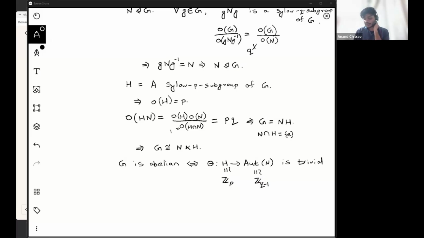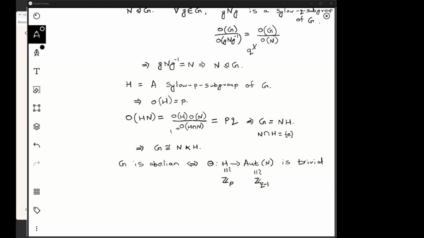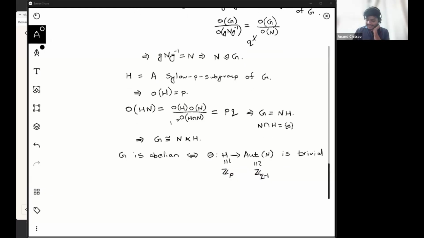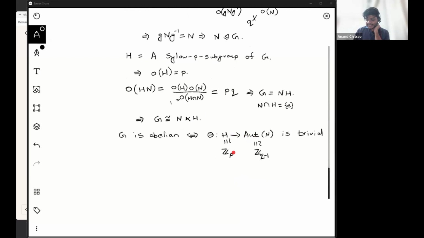What's the formula? The number of homomorphisms between two cyclic groups is? GCD of P and Q minus 1. Yes, exactly. The number of homomorphisms is the GCD of P and Q minus 1. But we assumed that P doesn't divide Q minus 1.